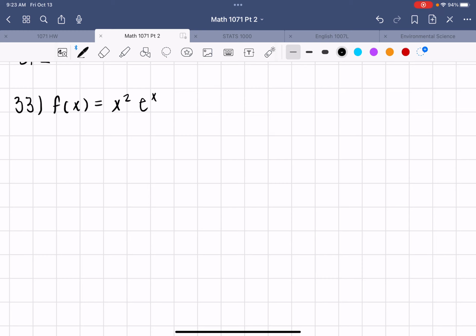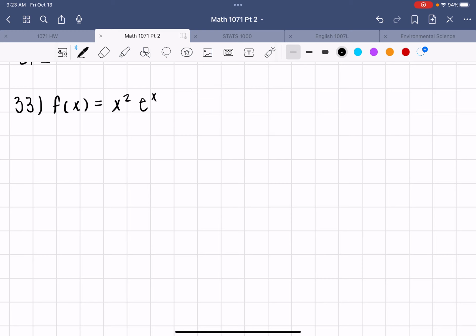That's an exponential graph, meaning it's getting big quickly. So when x is 0, e to the 0 is 1.